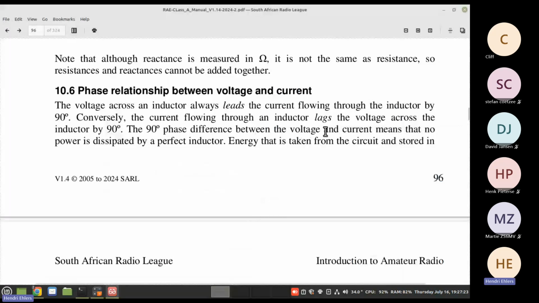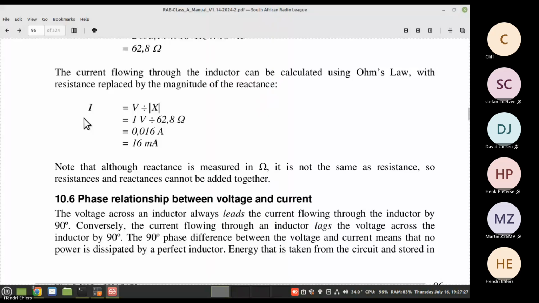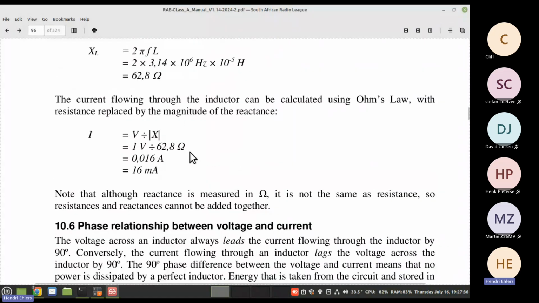Let's get rid of the calculator for the moment. You could also just cheat and do the reciprocal of that answer, 62.8, and then the reciprocal will give you the same thing. That is very true, but you see, that's where it becomes dangerous. Because your voltage might not always be one. Yes, now I'm with you. Scrap that comment.